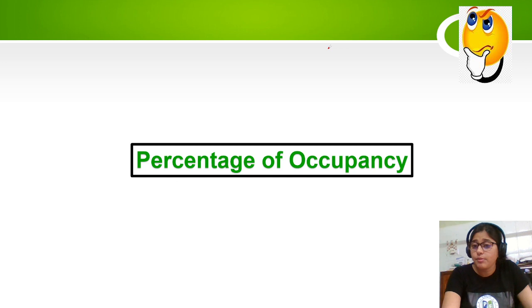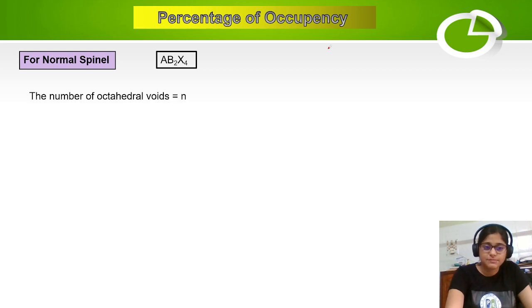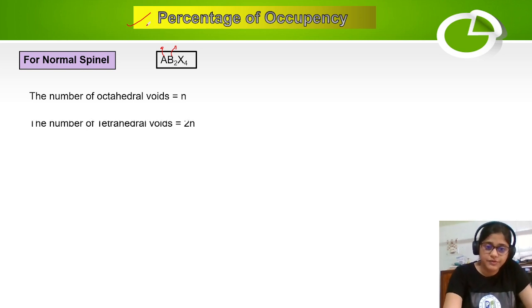Now the percentage of occupancy. We have told that for the normal spinel, A will be in tetrahedral, B will be in octahedral. Okay, so the percentage of occupancy, if it is asked in the question, then what we will do.